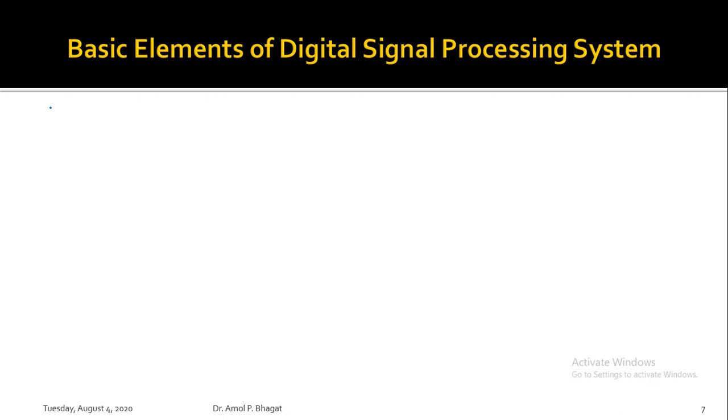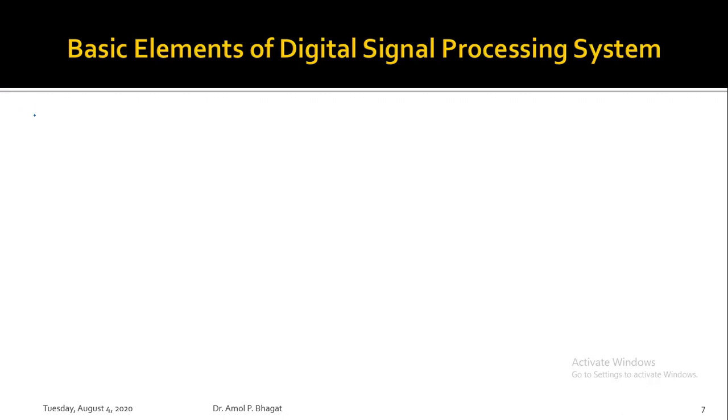In this session, we'll be looking at the different elements present in a digital signal processing system, how an analog signal processing system differs from a digital signal processing system, as well as the advantages of digital signal processing over analog signal processing, and certain drawbacks involved in the digital signal processing of an analog signal.